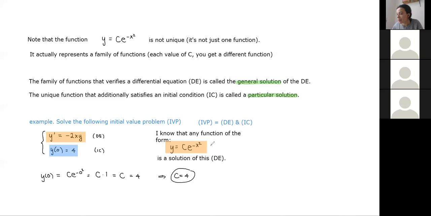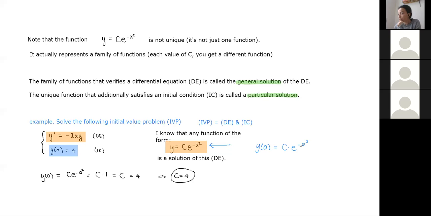So I know that my function has to be of this form. So that means that if I evaluate y of 0, it should be equal to c times e to the minus x, which is 0 squared.